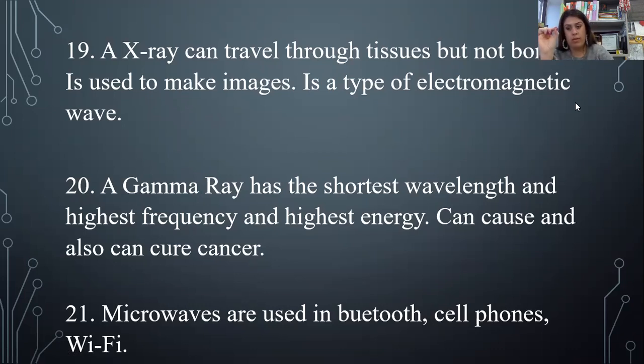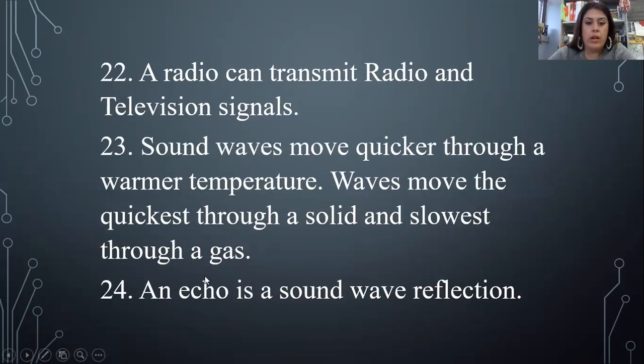It has the shortest wavelength, which means it has the highest frequency and the highest amount of energy. Because of this, it can cause cancer, but it can also cure cancer. And then microwaves. Microwaves are used in Bluetooth, cell phones, and Wi-Fi. Radio waves can transmit radio and television signals. This is also a type of electromagnetic wave.